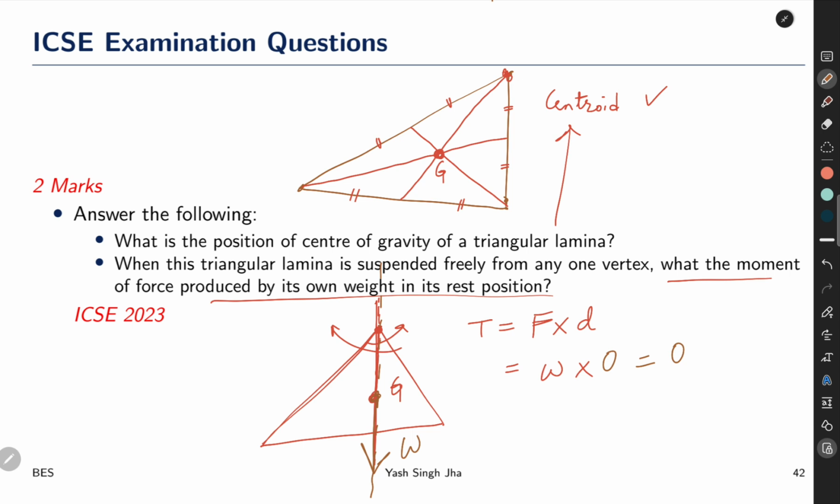Not just for a triangular lamina, for any object in the world, if it is free to rotate about any point, then the moment of force produced by its own weight will always be 0, because the center of gravity will always be at a point directly vertically in line with the center of rotation.